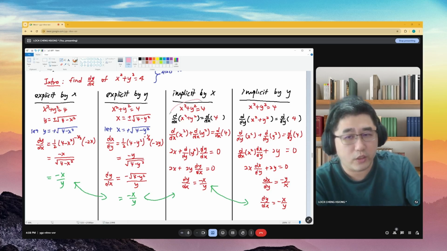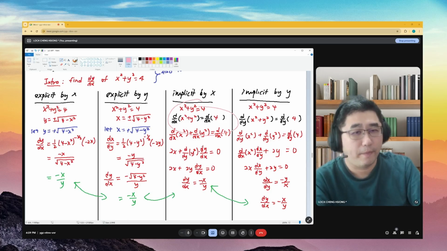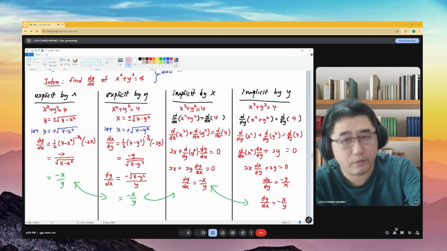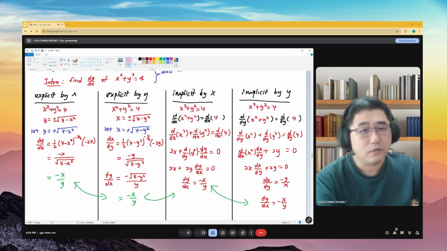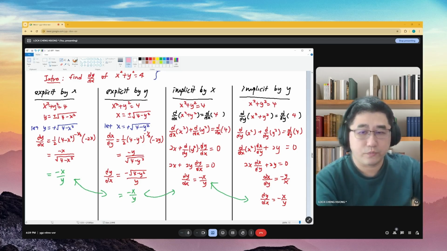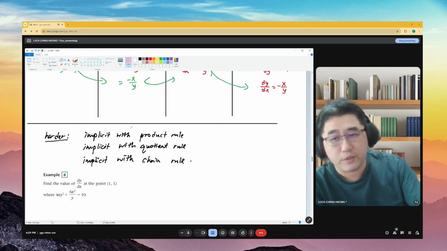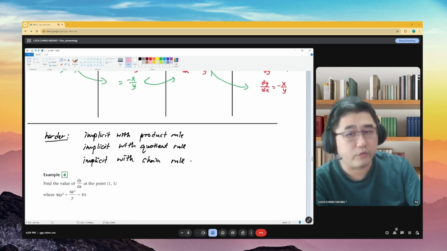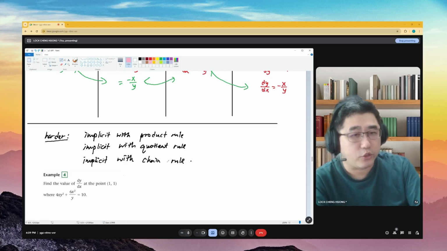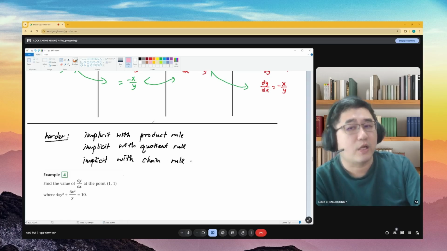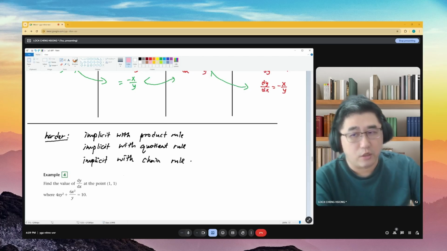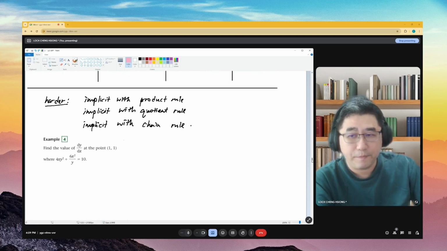Therefore, I will need to do it in the implicit form. This is implicit differentiation. The harder questions will be implicit with the product rule, implicit with the quotient rule, and implicit with the chain rule. When you practice past questions and so on, you will start dealing with this type of question. Of course, it will increase the challenge.